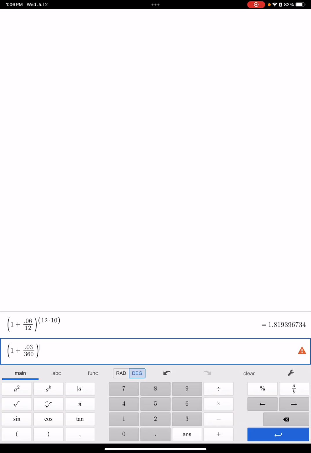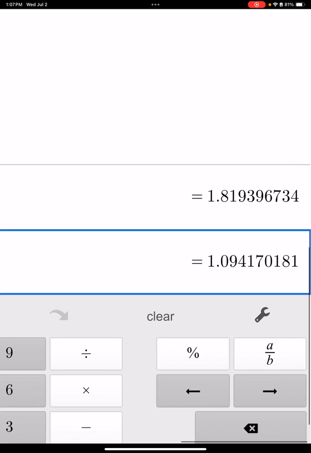Let's see, it was 360 times 3. Oh, and see what happens if I don't put the exponent in parentheses: Desmos thinks I'm done with the exponent and goes back down. All right, so Desmos gives me 1.094170181. That's not much different from what I had.